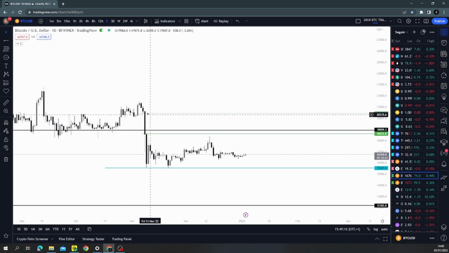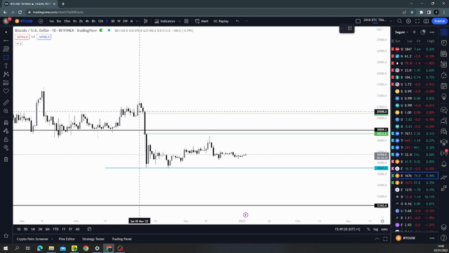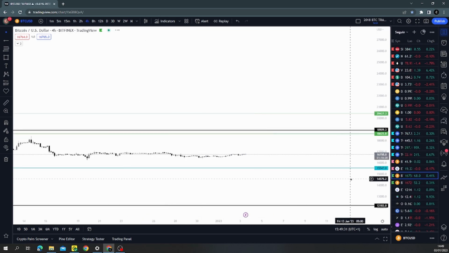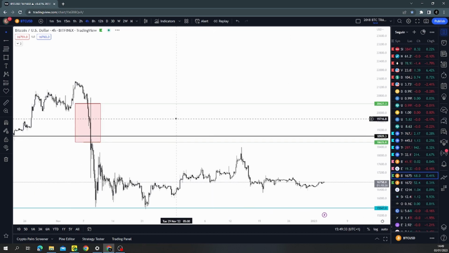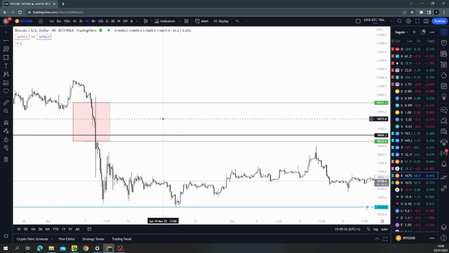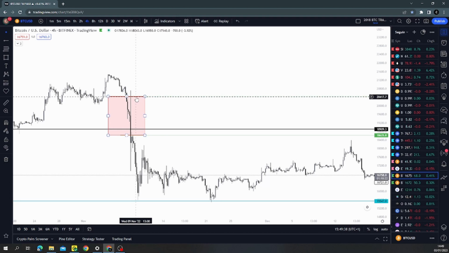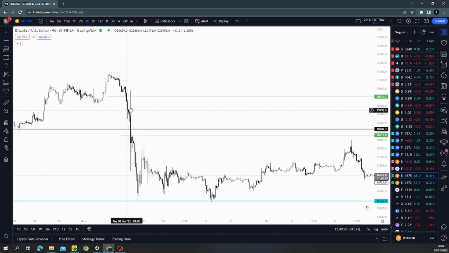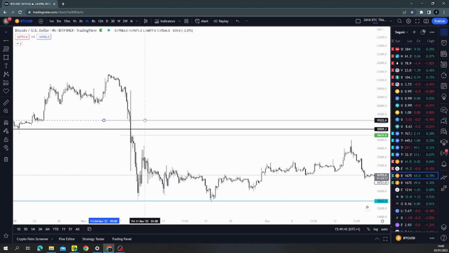Now that we managed to find the imbalance, we're gonna mark it and go to the smaller time frames to see if we find a better entry point, okay? We're going to the 4-hour time frame. We can see that we can adjust our imbalance. We're gonna take from this week to this week, okay?